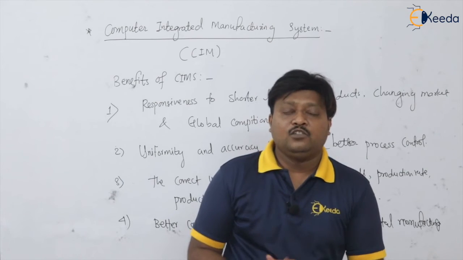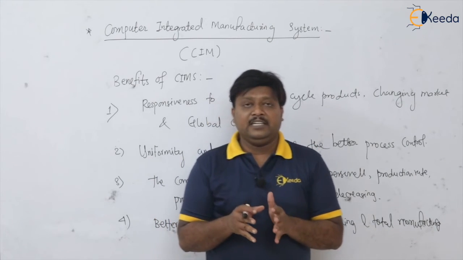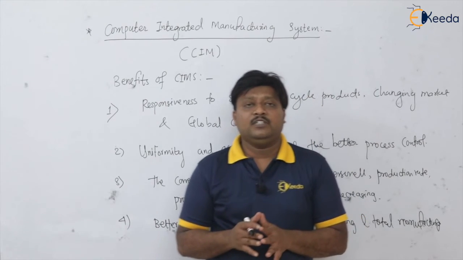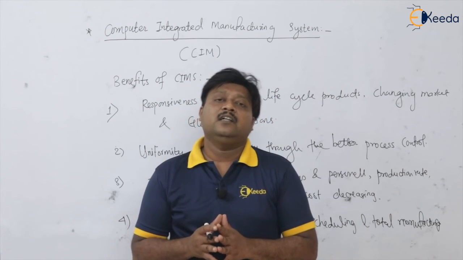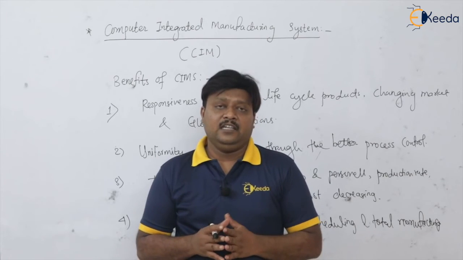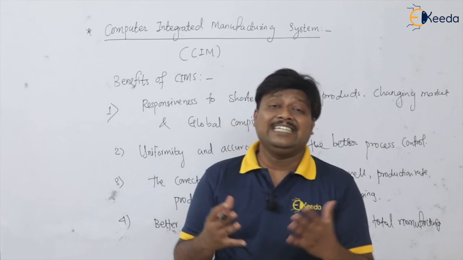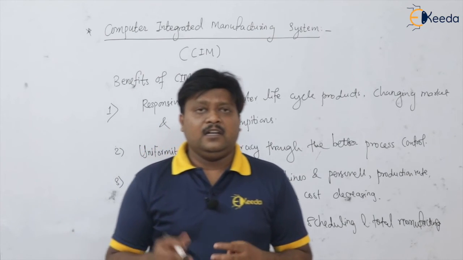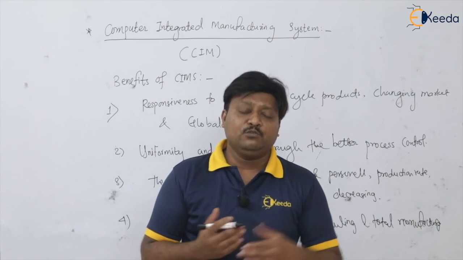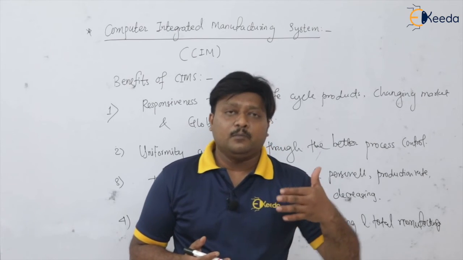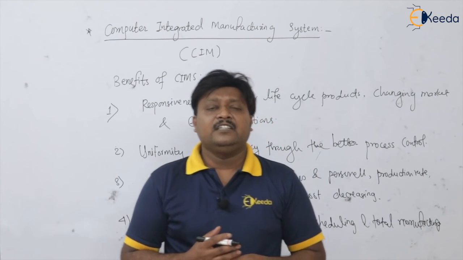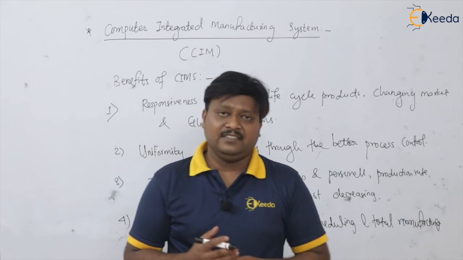So dear students, in this video we have learned about computer aided designing, computer aided manufacturing and the computer integrated manufacturing system. So whenever the sequence comes to making a product, it will start first of all with the design.